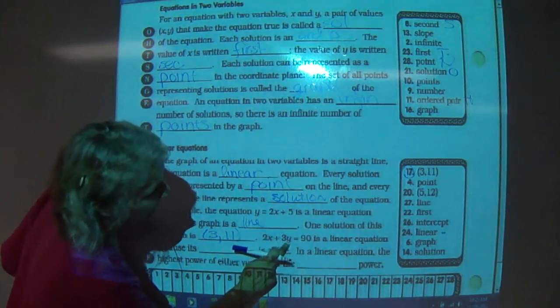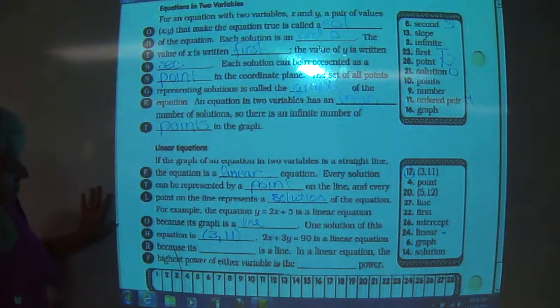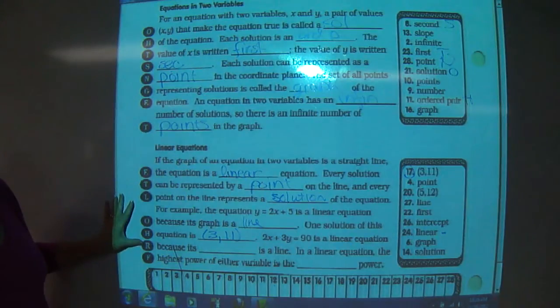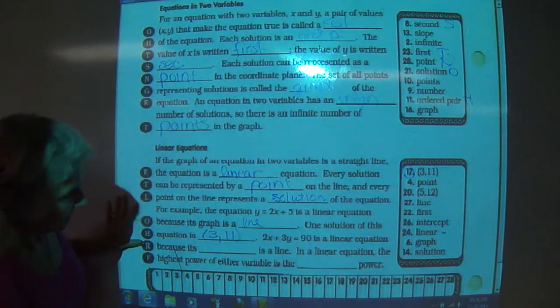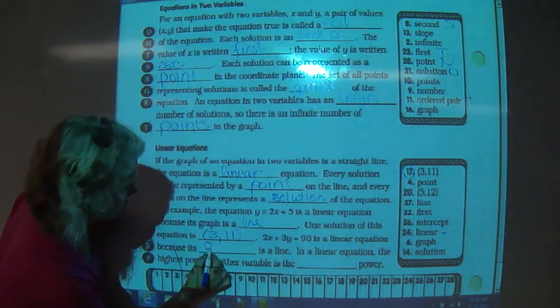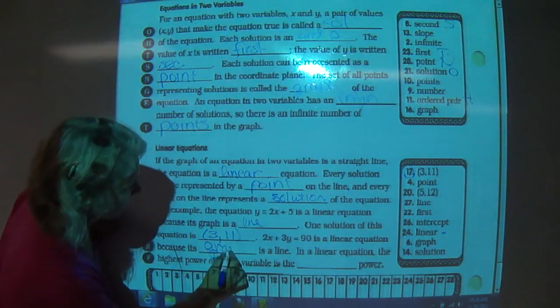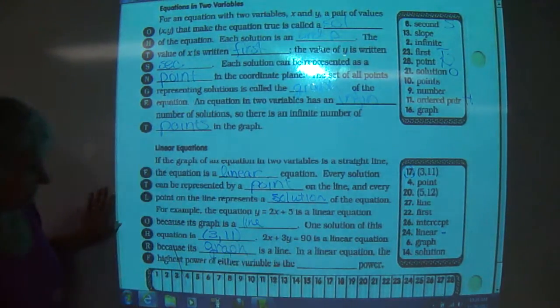2x plus 3y equals 90 is a linear equation because its graph is a line.